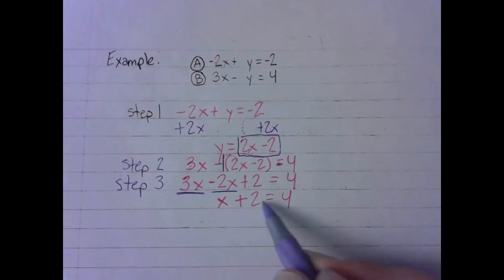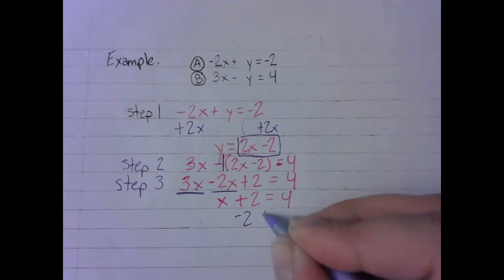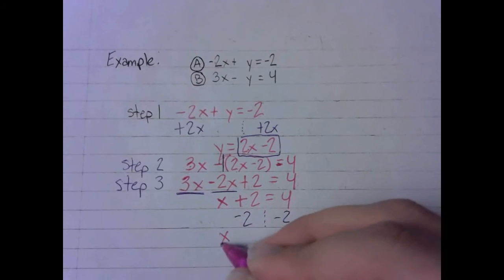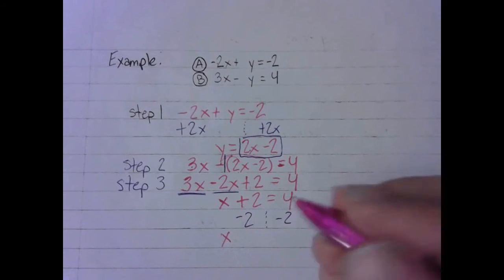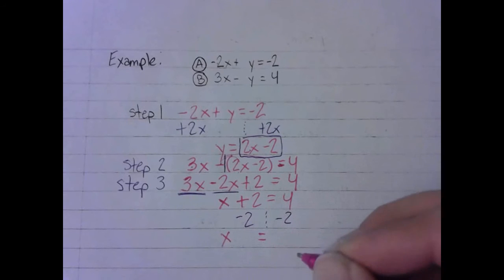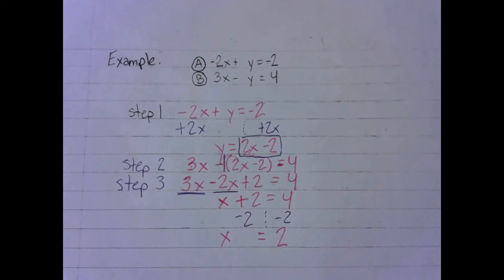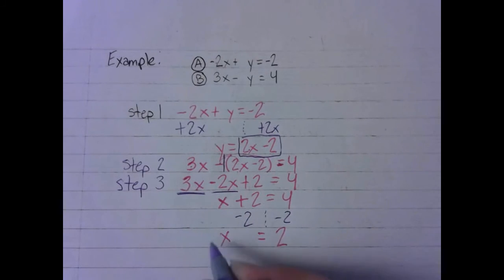Well, we got x plus 2, so that means we need to subtract 2 from both sides of the equation. That x comes down. 2 minus 2, that's 0. So x equals 4 minus 2, that is 2. So hey, look, we got x equals 2. That's fabulous. So we solved for the variable. We got x equals 2.